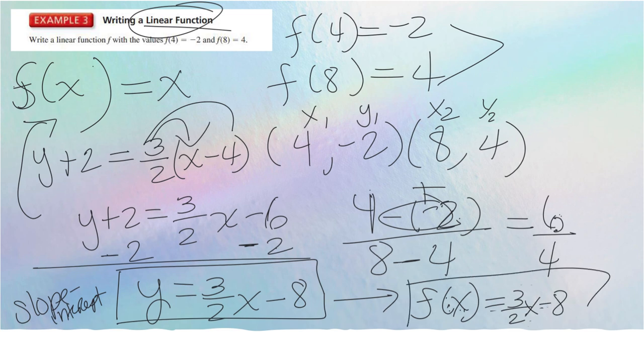That is a function. What are you replacing? Remember that y is the same as who? This y is the same as f of x. The only difference is one is a y and the other one is a what? It's a function. F of x means it's a function.